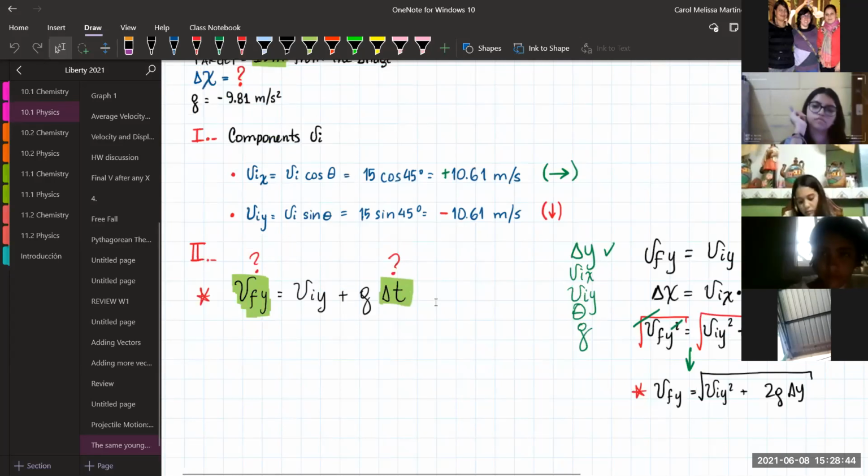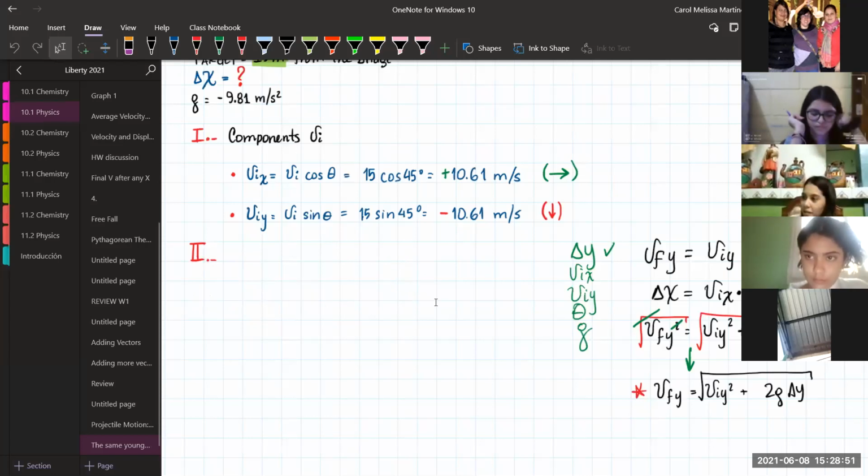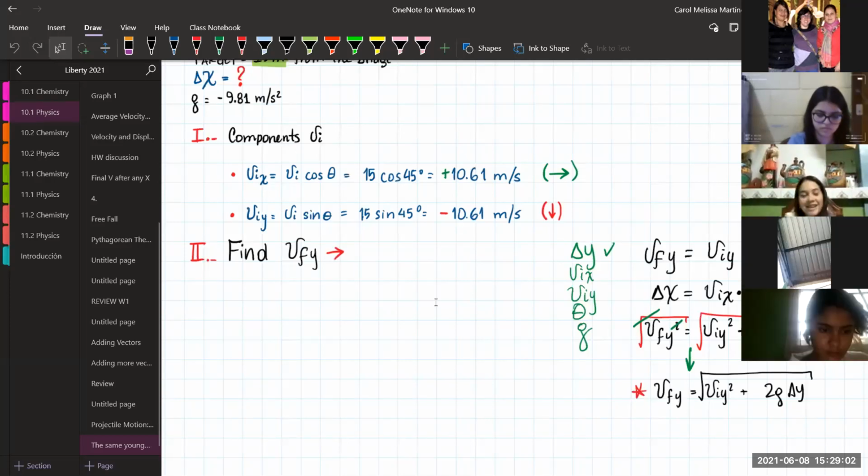So take a look. I still don't know my final velocity in y, but I can get it. So I'm going to write the process here. Find the final velocity in y in order to get the time, and the purpose of getting the time is to get the delta x.